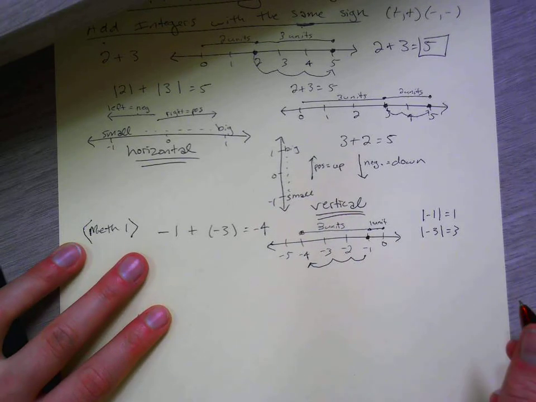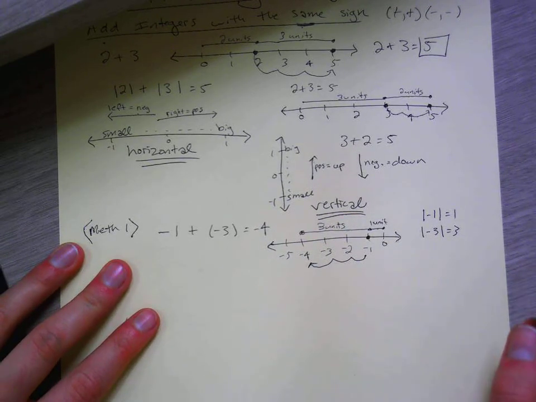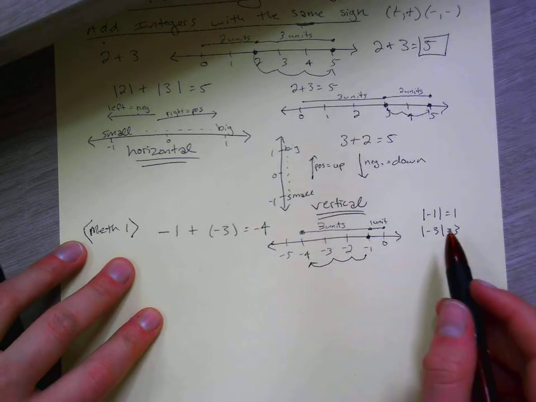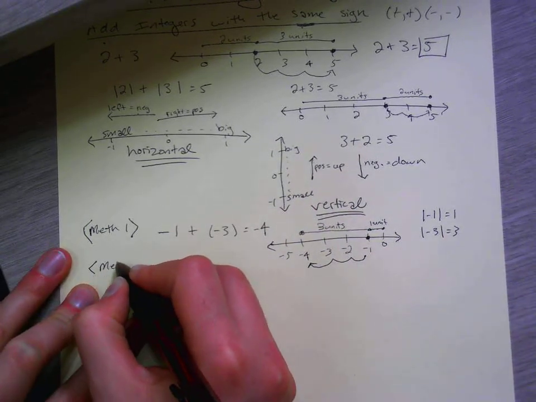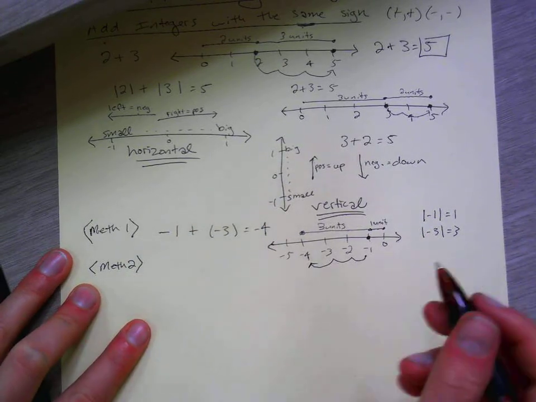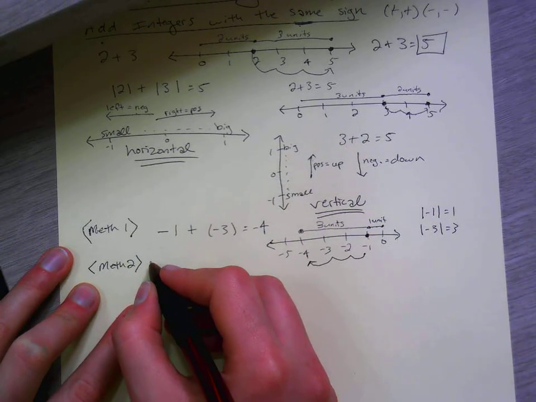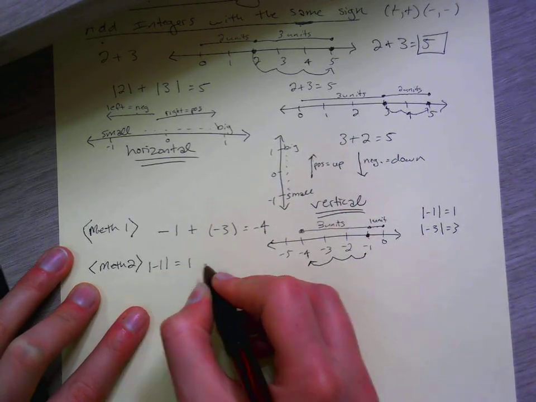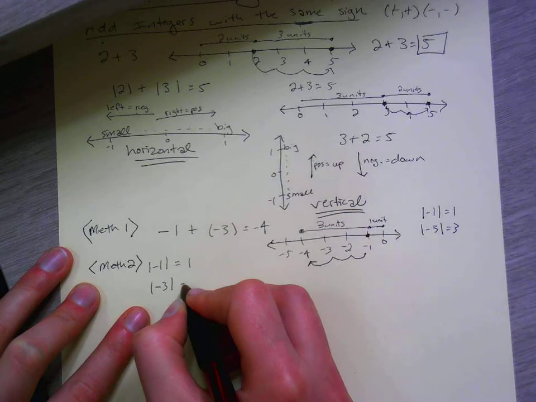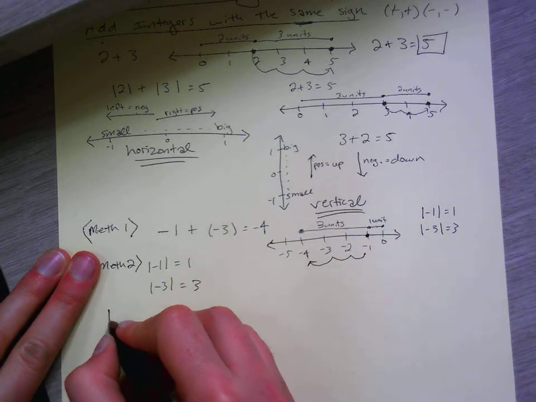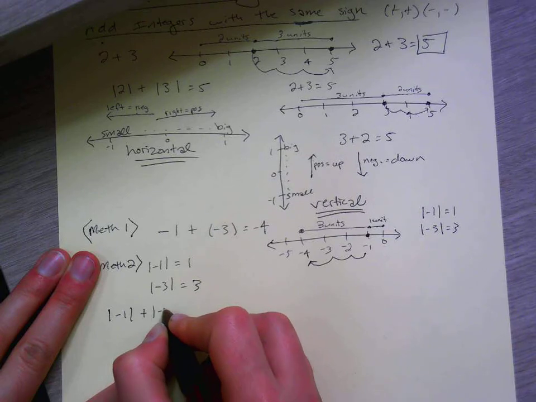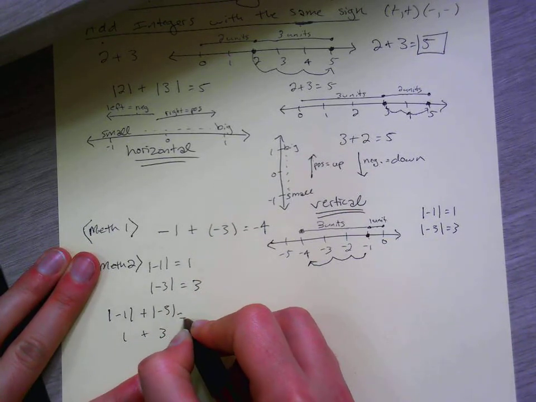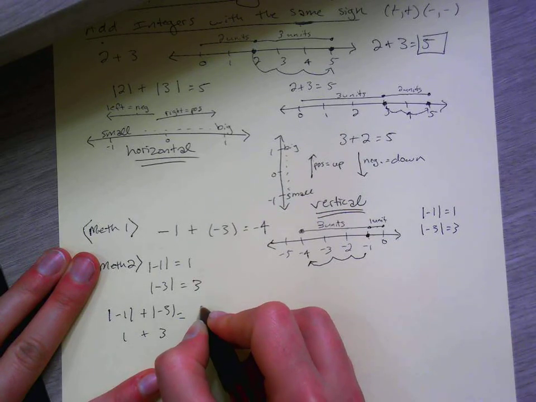Now let's try also method 2, which is just what I showed you up here. Basically, you're writing the absolute values. So if we want to do this for the same one, we'll write absolute value of -1 equals 1, absolute value of -3 equals 3. I got ahead of myself. So the absolute value of -1 plus the absolute value of -3, remember this is 1, that's 3, equals 4.